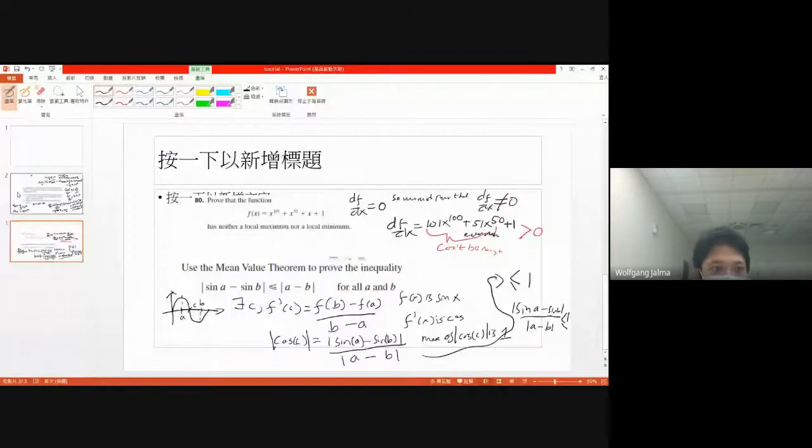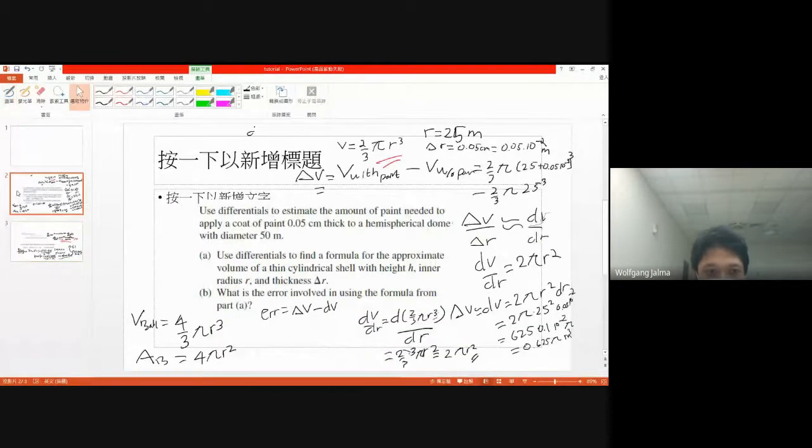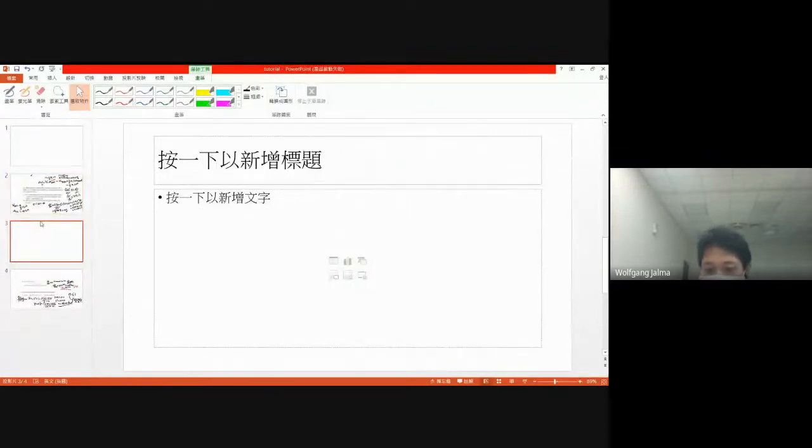So I want to revisit the first part, because it's such a mess. What I want to say is, first, what we are looking for is delta V. But the problem is we are lazy, so we approach delta V with dV.